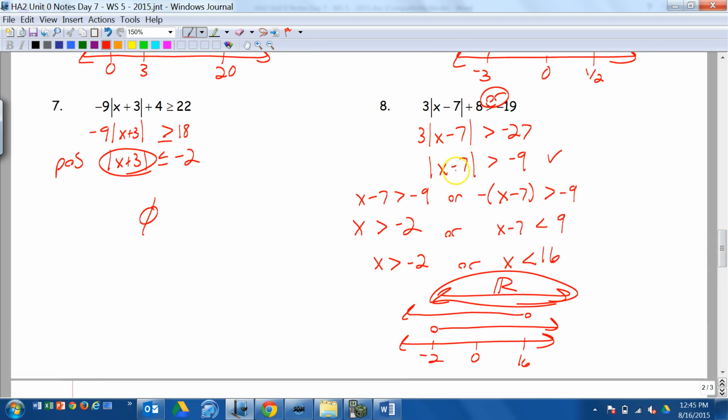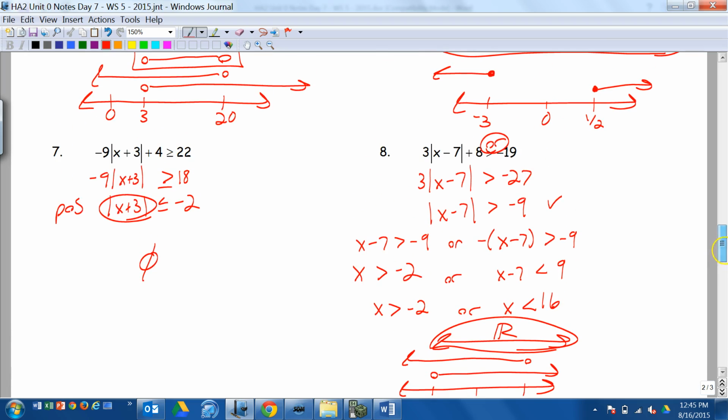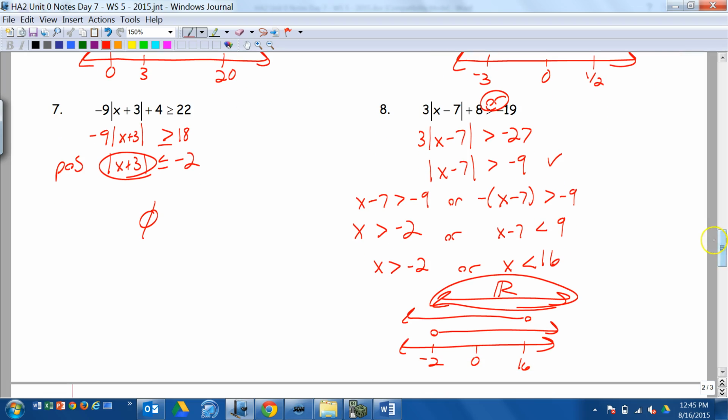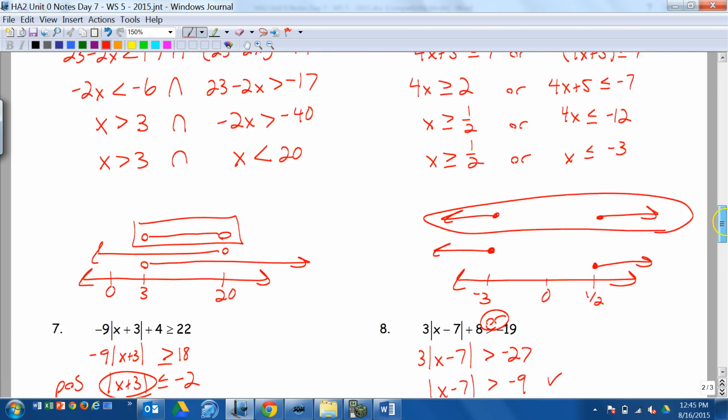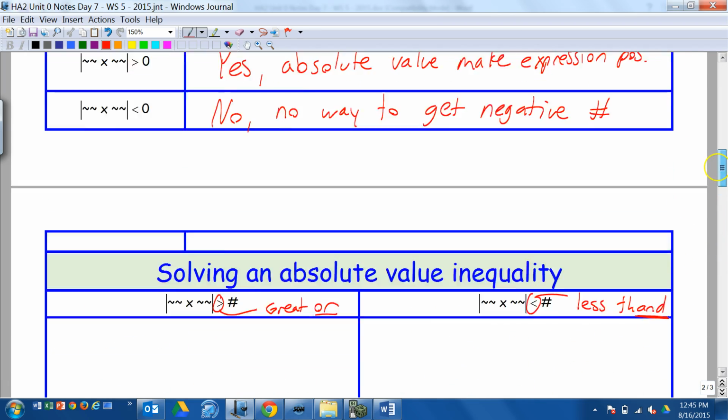Anything you put in here will either be positive or a 0. So anything you put in will always be greater than negative 9. So we should have gotten all real answers anyway, which we did. But you can check with that one. This one, if you want to, you can go through it and see that it's no solution. But that one is easier to spot. Alright, so that is how you graph absolute value inequalities and solve absolute value equations.